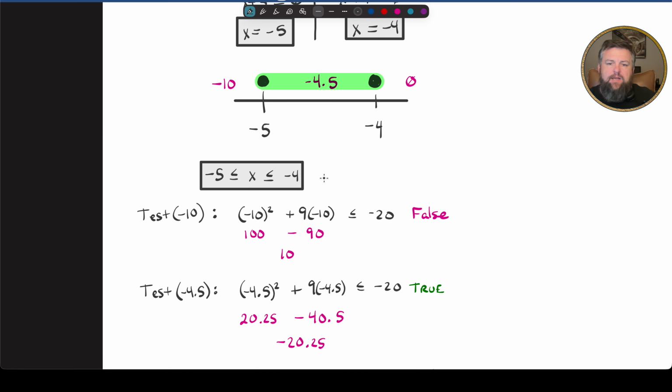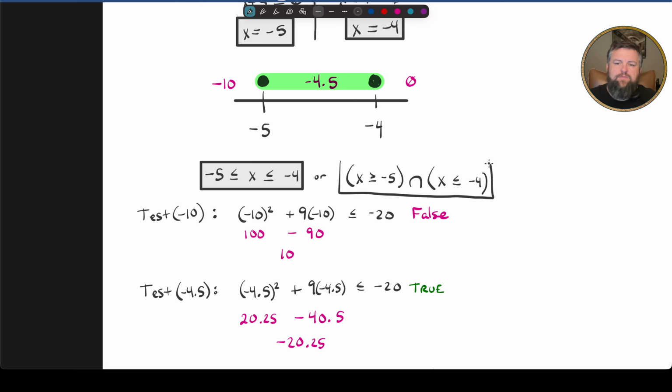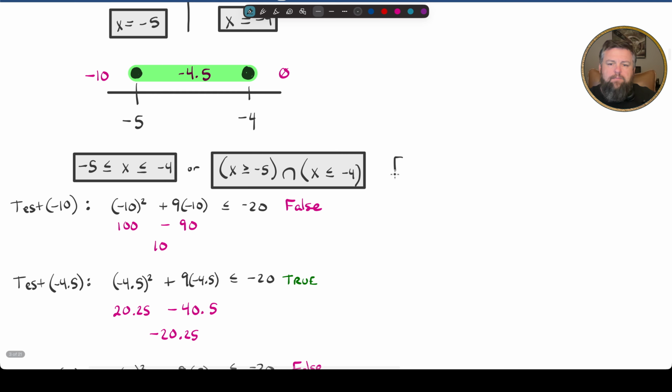Or we could also write it as, and this is not like an inequality, x is greater than or equal to negative 5, and, using the intersection symbol, x is less than or equal to negative 4. So one of those two ways works just fine. We could also use interval notation, which would read out as bracket negative 5 comma negative 4 close bracket. So one of these three ways is perfectly acceptable.